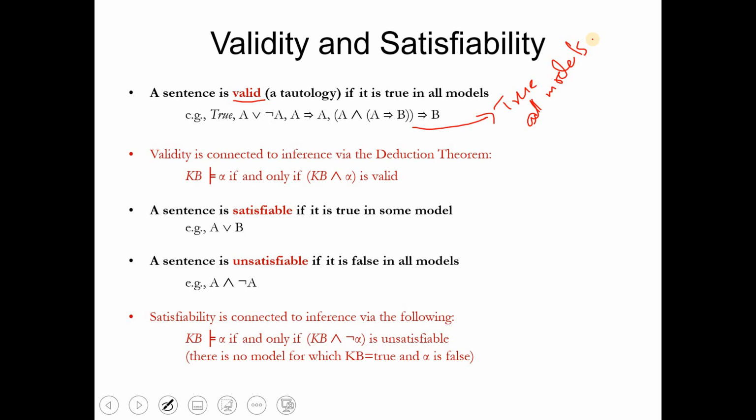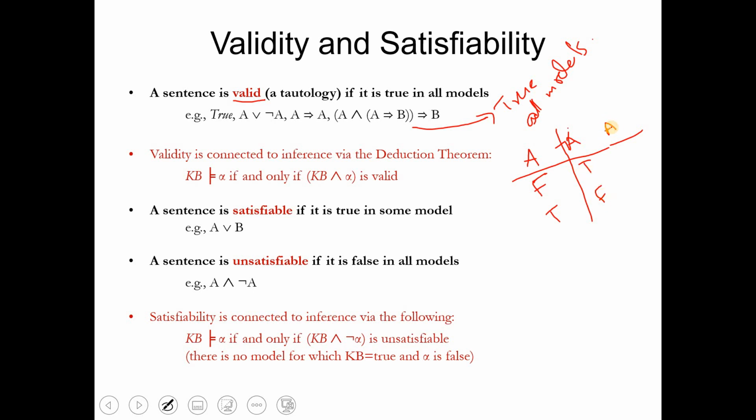Clear? An example can be A or not A. What is the value of A possible? Let's say A is a single variable, single symbol. It can be true or false. What will be not A? Not A will be false, true.